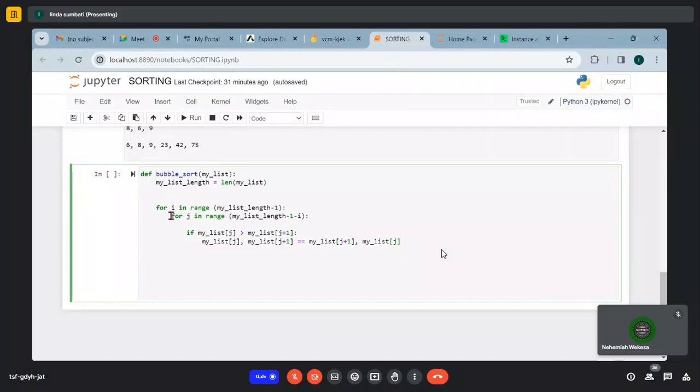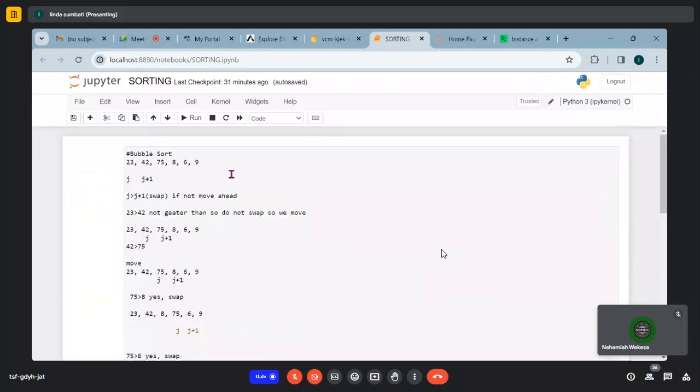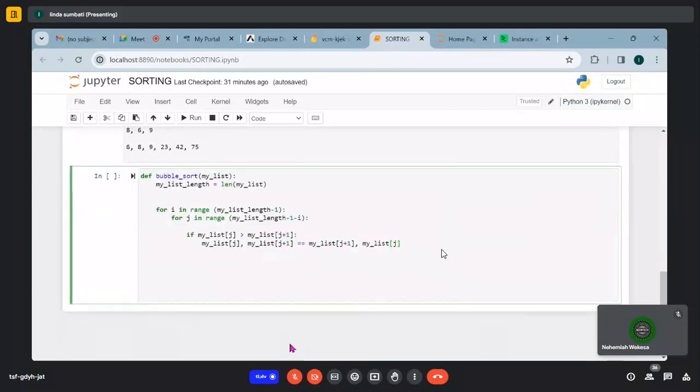So the first iteration, for i in range of my list -1, will iterate as many times through these lists until it reaches the last one. But now the for loop scans in, keeping in mind that it is checking if the first element and the second element are greater than or less than each other. You see? So that is the inner loop.